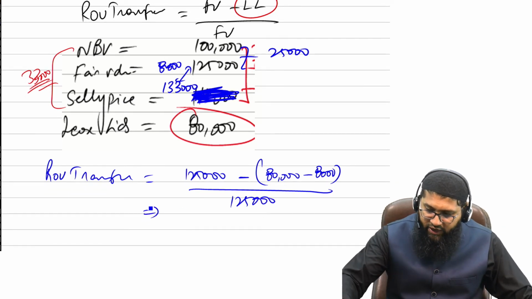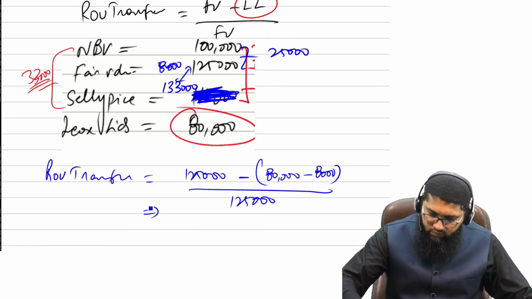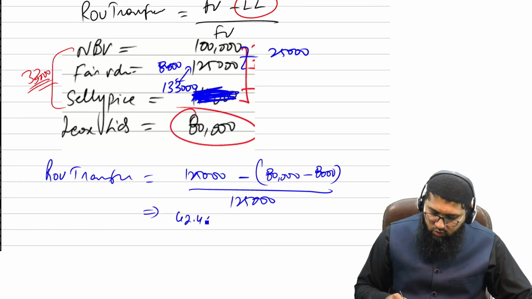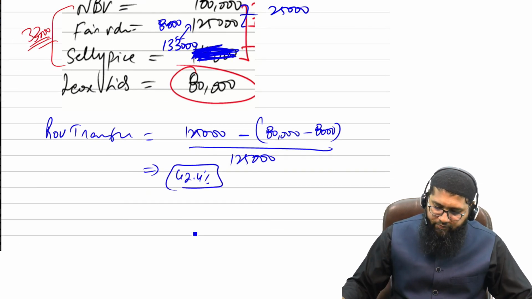So you get the right of use of the asset transferred to be 42.4%.